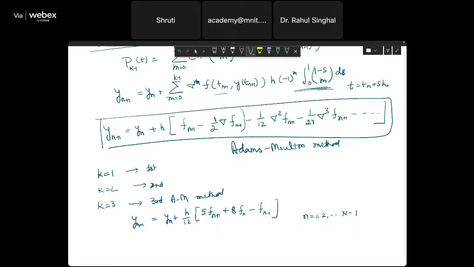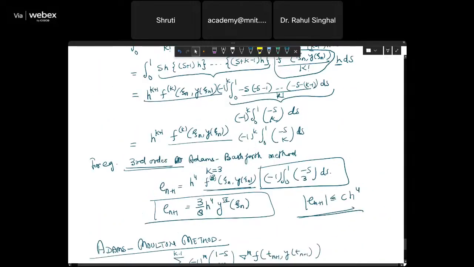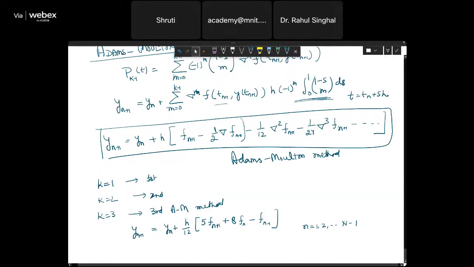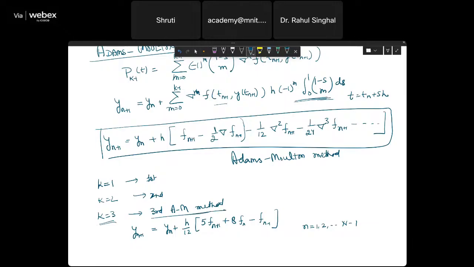Okay, so here accuracy will be of different order, like the Adams-Bashforth method. Same way you can follow this procedure for getting the local truncation errors, etc., and can say that in this case, k equal to 3, the local truncation error of the method will be of order h power 4, while the global truncation error will be of order h cube, and thus our method will be known as the third order accurate method.